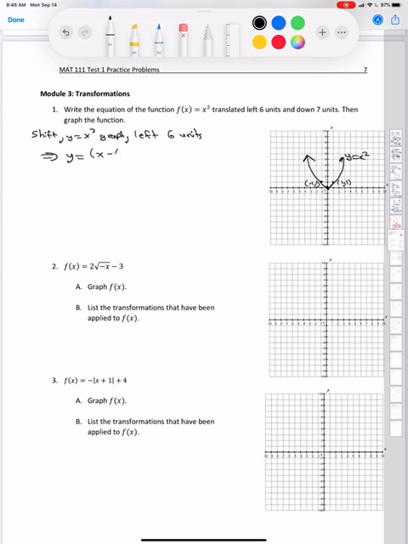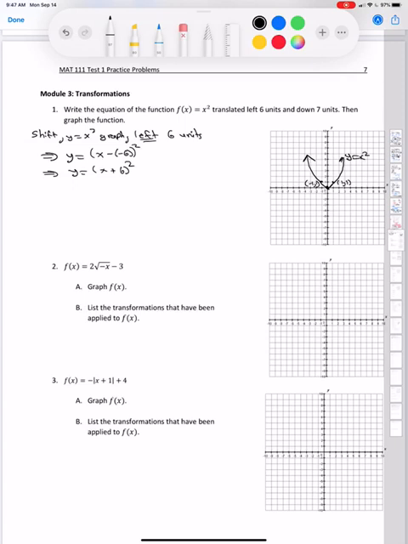I like to show it as this: subtract a -6 from your x term. We're going left 6 units, so again, we're subtracting a negative number. Now let's simplify that down. That implies y equals x plus 6 squared.